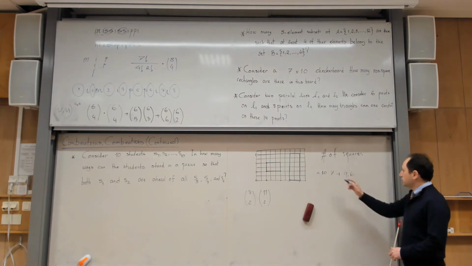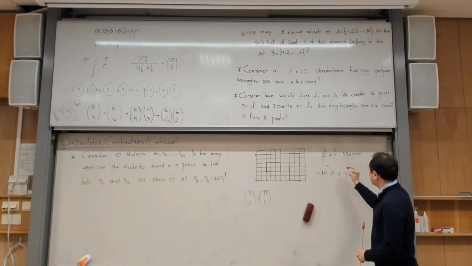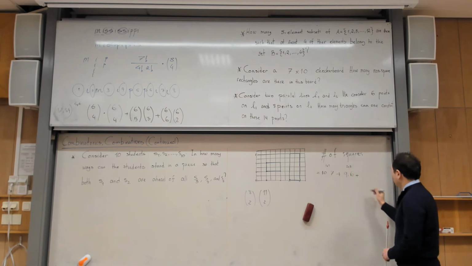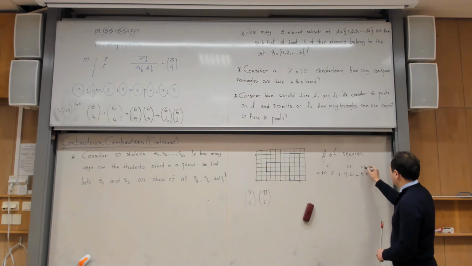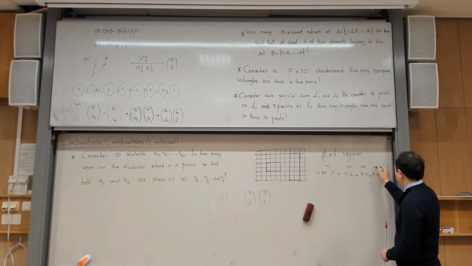So this is 1 by 1, this is 2 by 2. And then I go for 3 by 3, which is how much? 8, 5. Then 7, 4. This is 4 by 4. Then 6, 3. This is 5 by 5.